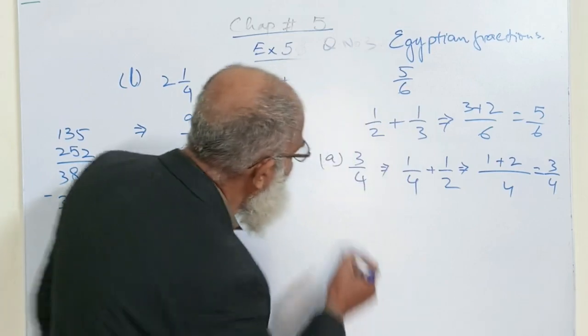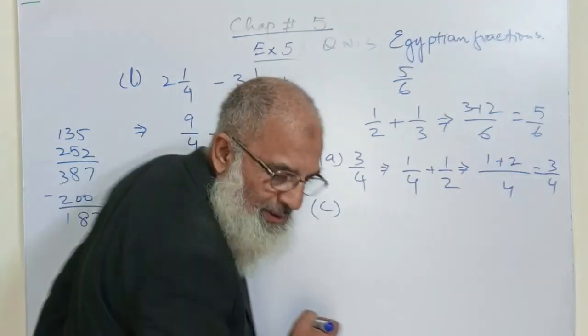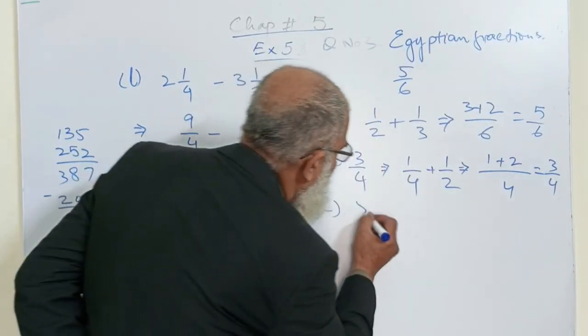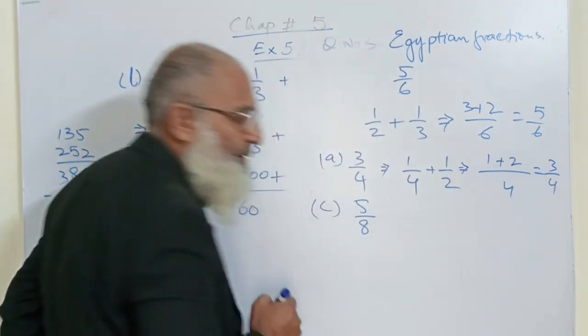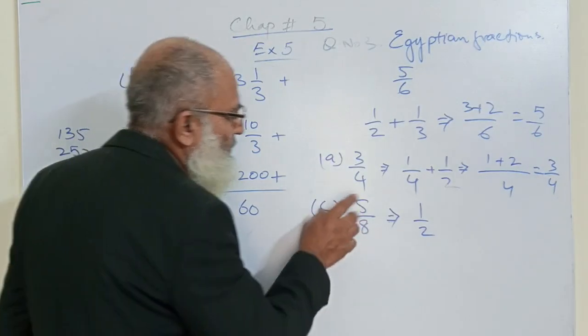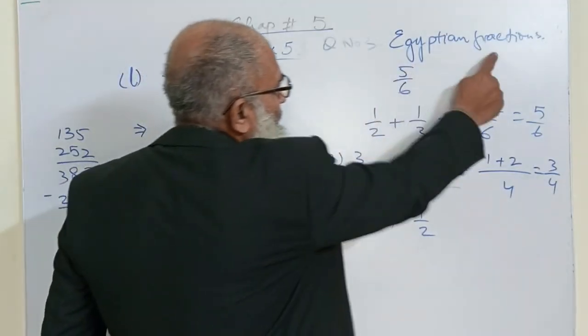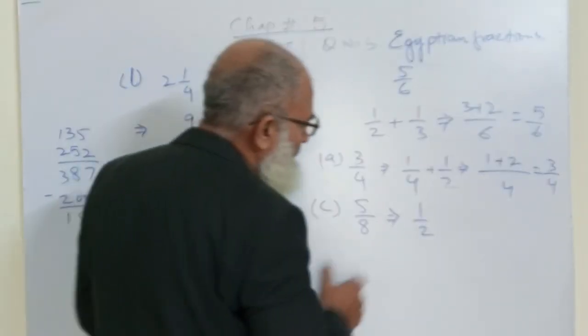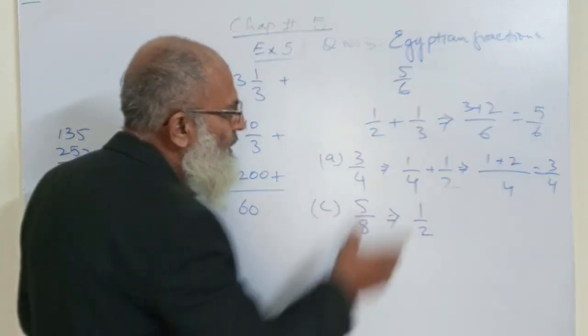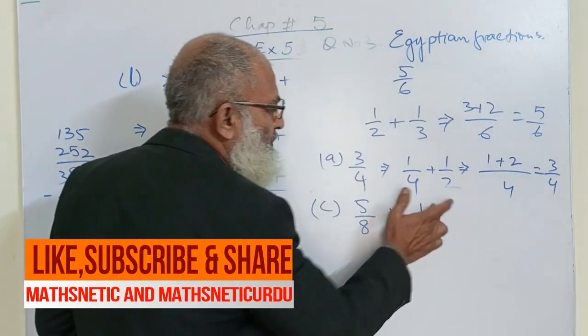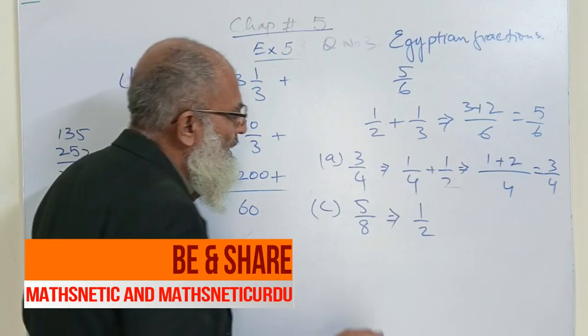Similarly, part C is 5 upon 8. Now for this question we have to find the Egyptian fraction. Egyptian fractions, what I told you, have different denominators, but in the numerator they have 1.